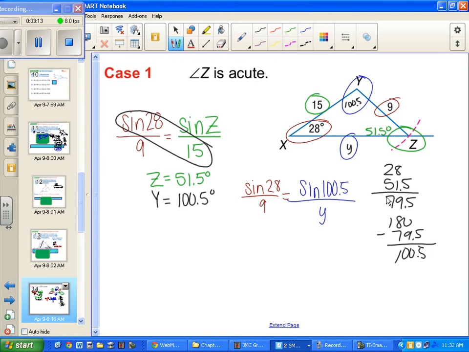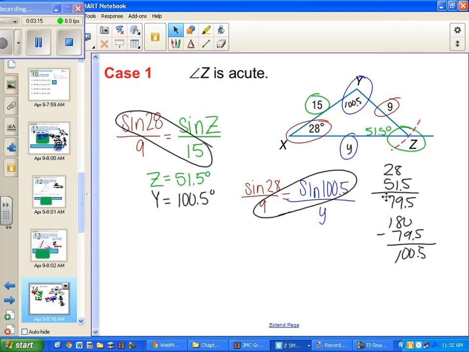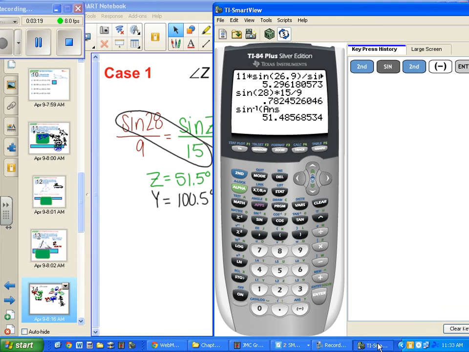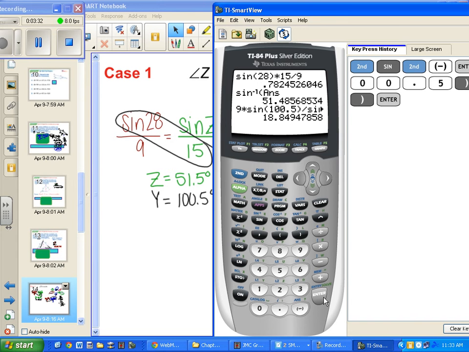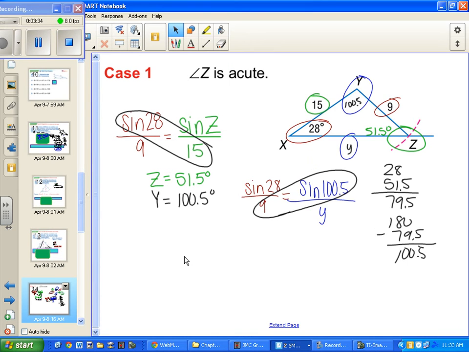This one we are not looking for the angle, so we don't have to do that second step of second sine, second answer. We just take 9 times the sine of 100.5 and then divide it by the sine of 28. So 18.8 is our answer there.